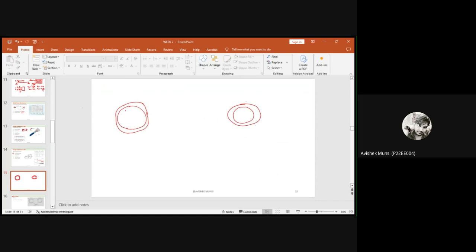So this is a circular core we're discussing. We have two possible winding directions.